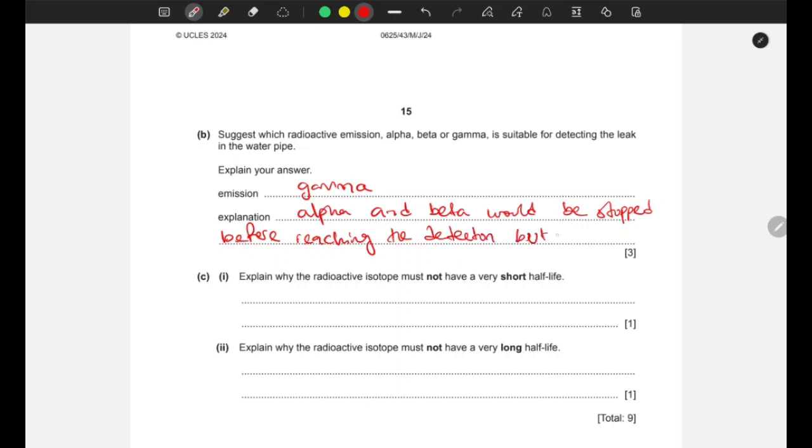But gamma has higher penetration, so it will not be stopped. That should be the answer.